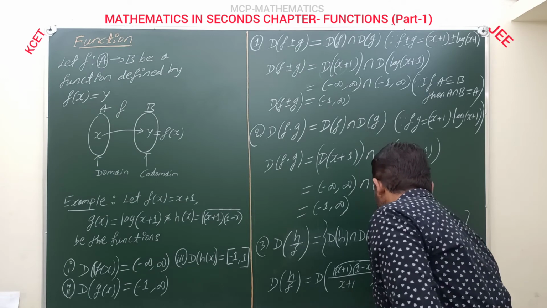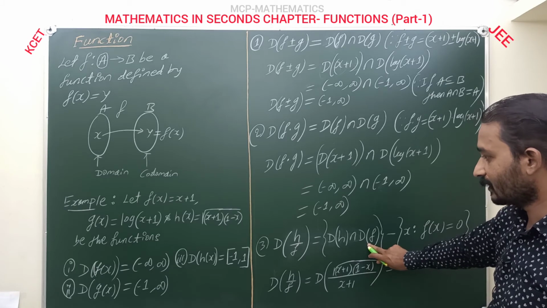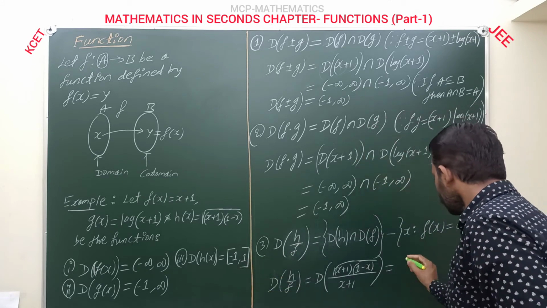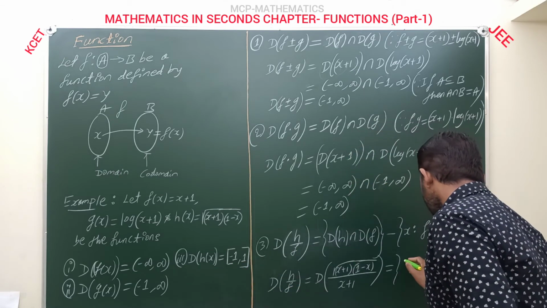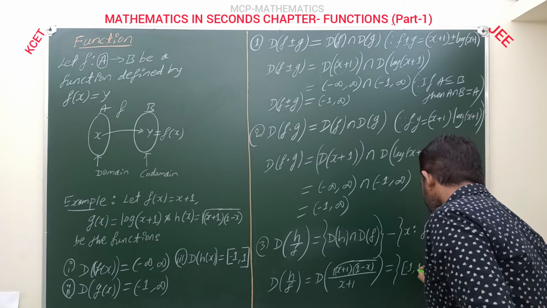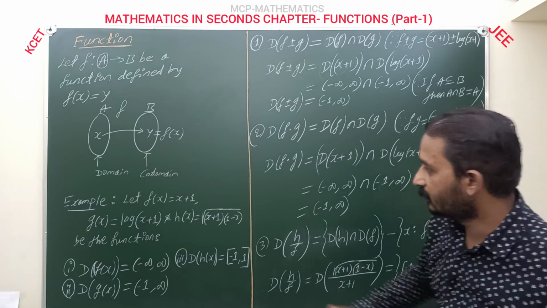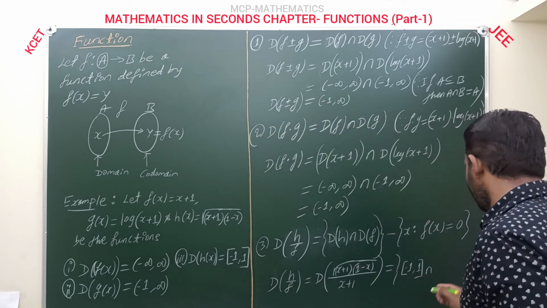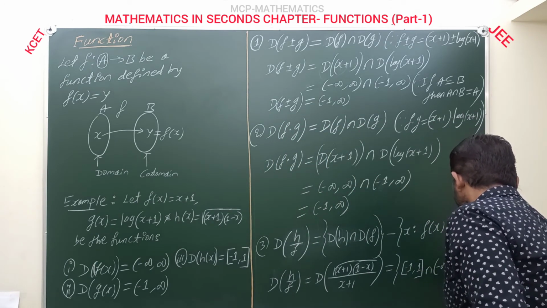No doubt, it is the intersection of the domain of h and the domain of f. The domain of h is the closed interval minus 1 to plus 1, intersection the domain of f, which is the entire real line, minus infinity to plus infinity.